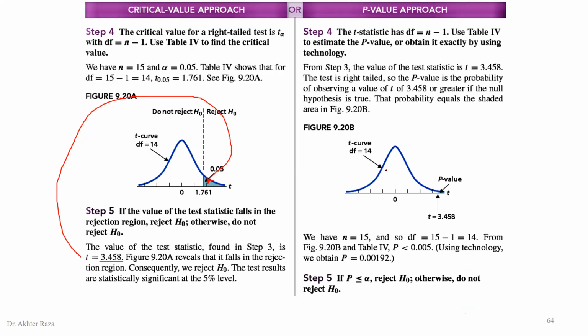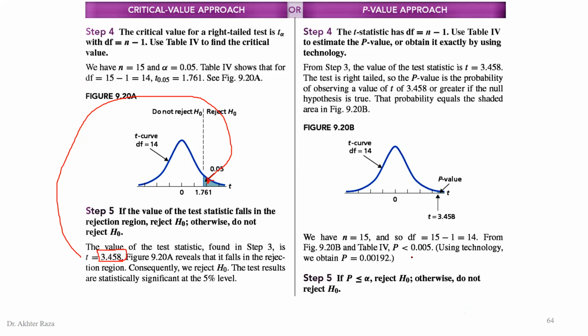The same thing can be done by the p-value approach. In the p-value approach, we have to look up this number, the calculated observed value, in the T statistics table against the degrees of freedom 14 and obtain a probability. That probability is known as the p-value.